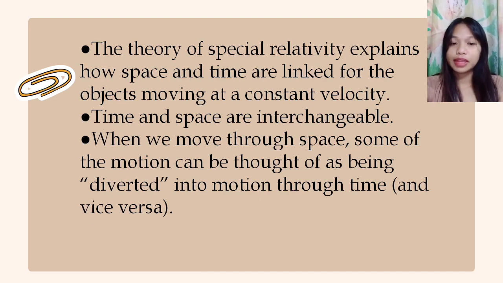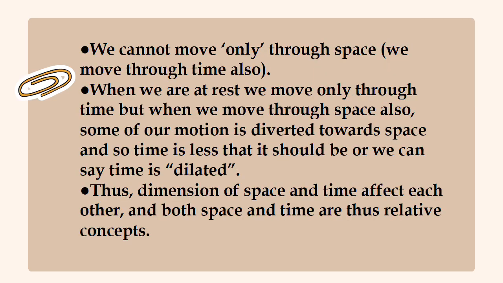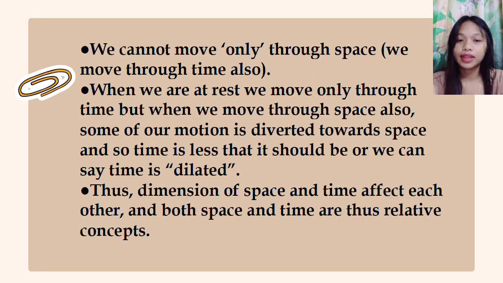The theory of special relativity explains how space and time are linked for an object moving at a constant velocity. Time and space are interchangeable. When we move through space, some of the motion can be thought of as being diverted from motion through time, and vice versa. We cannot move only through space; we move through time also.